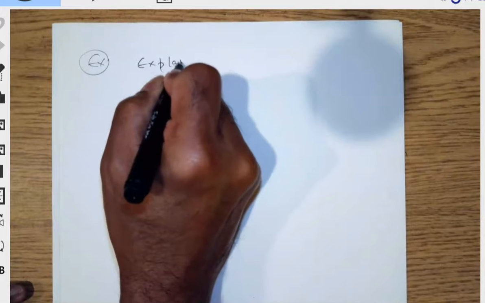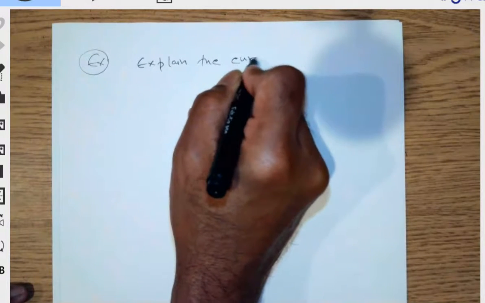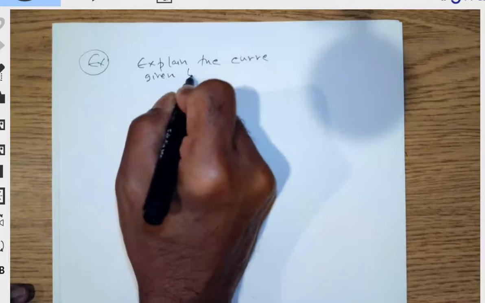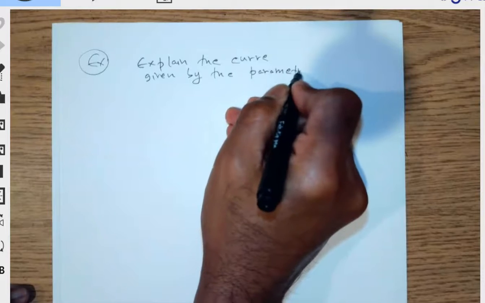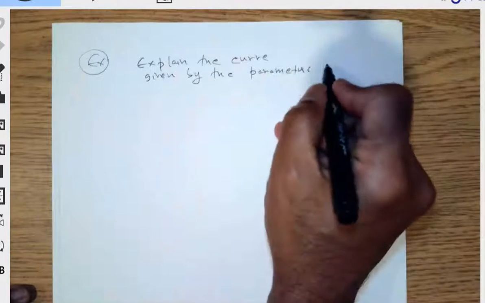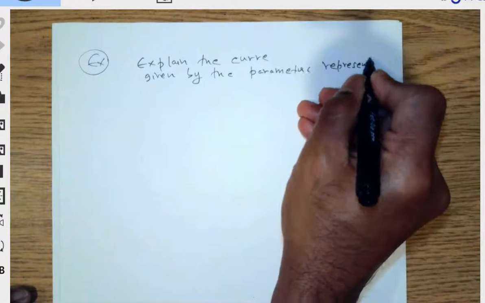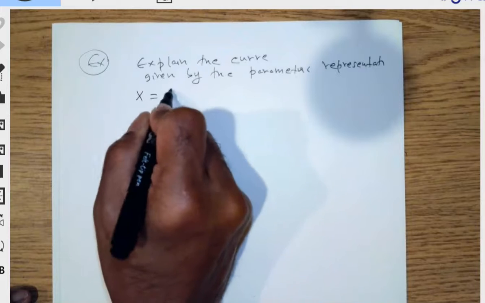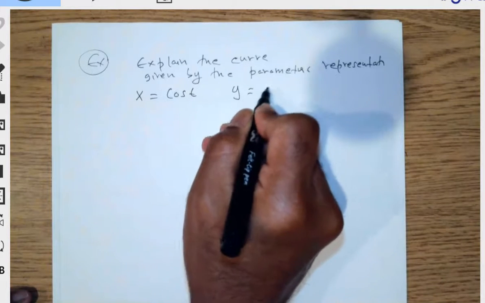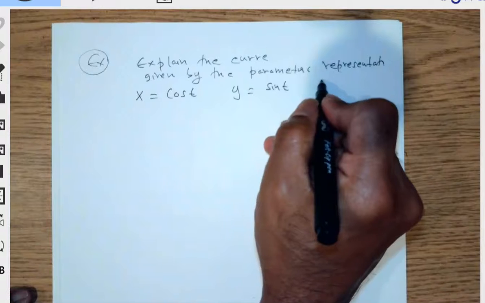Okay, now let's do an example. Explain or describe the curve given by the parametric representation: x equals cosine theta and y equals sine theta, and now you are giving t a range.